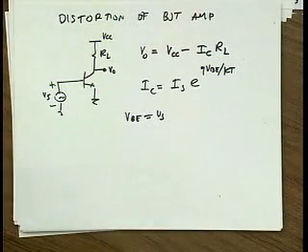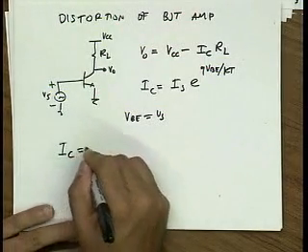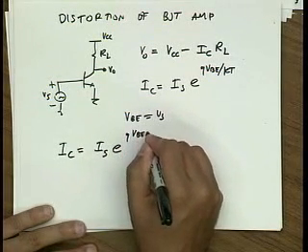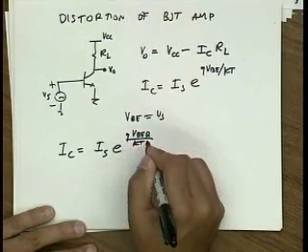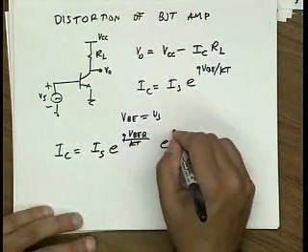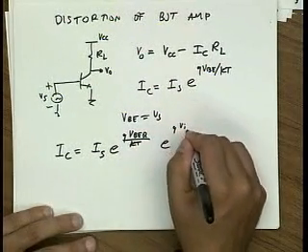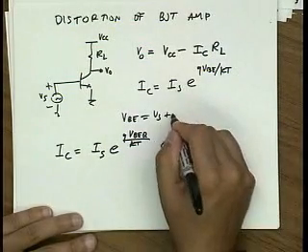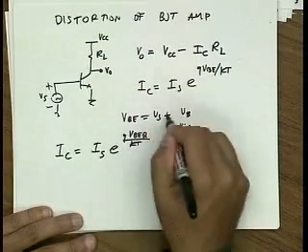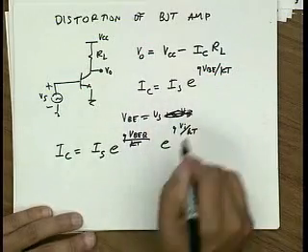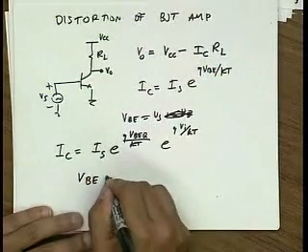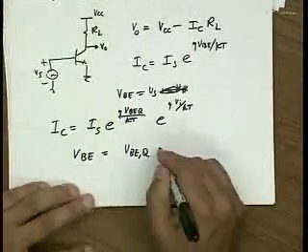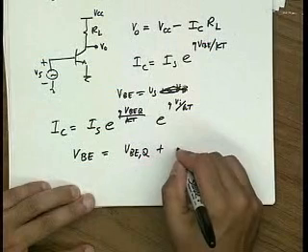So I can write IC as two terms, e to the q VBEQ, the quiescent bias point, times e to the q V input over KT. In other words, I assume that the input VBE is some DC value, which is the quiescent operating point, plus some small signal.